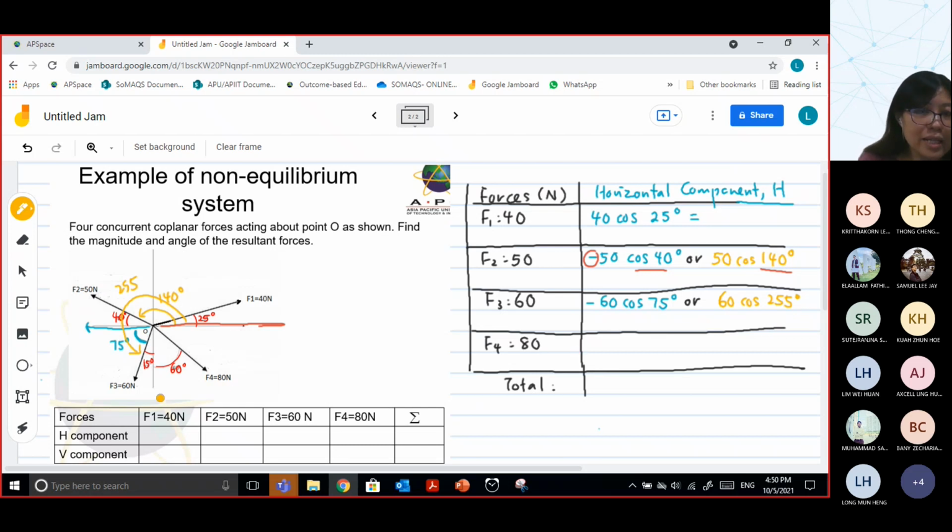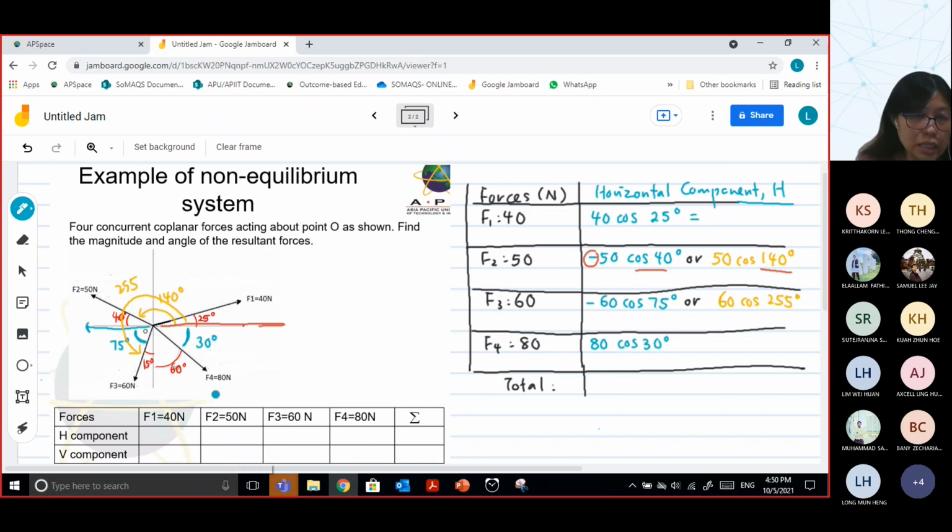Next one, F4. If you use the basic angle, then you need to get the basic angle here. The basic angle is always calculated from the horizontal, so here it will be 30 degree. And you can see the horizontal component for F4 is pointing to the right, so it's positive. So this one will be 80 Newton cos 30 degree.